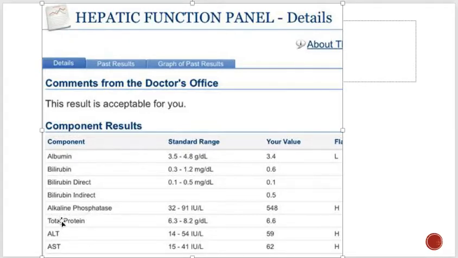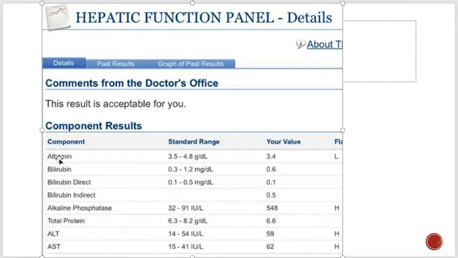Other than this, there is something which is not given over here. Depending on the lab, they can give you the value of GGT. So what is GGT? It is gamma glutamyl transpeptidase: G for gamma, G for glutamyl, and T for transpeptidase. They also give the value of albumin.